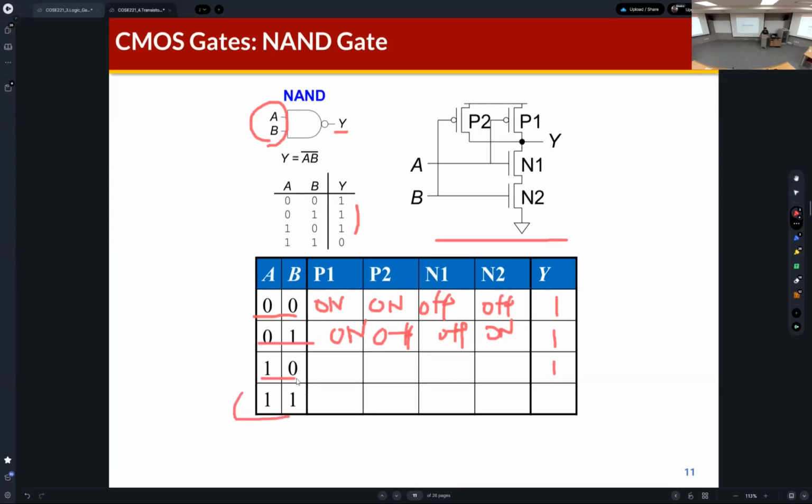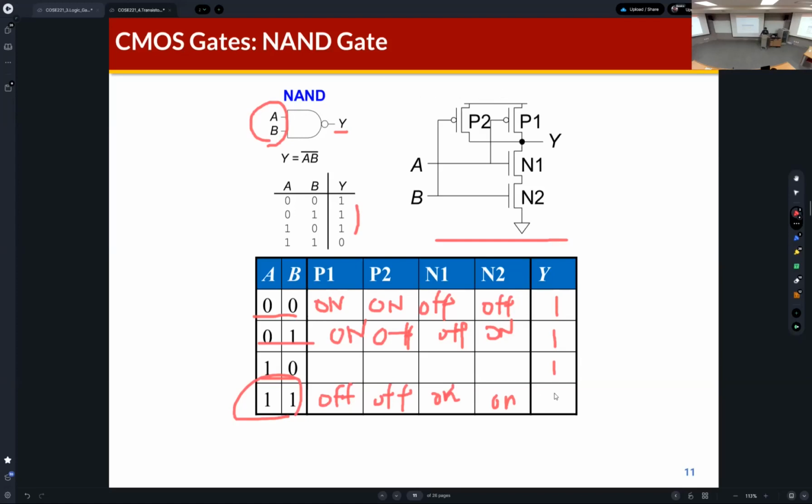How about 1, 1? The PMOS transistors are all turned off, and the NMOS transistors are all turned on. So Y is connected to the ground, and Y is disconnected from VDD.